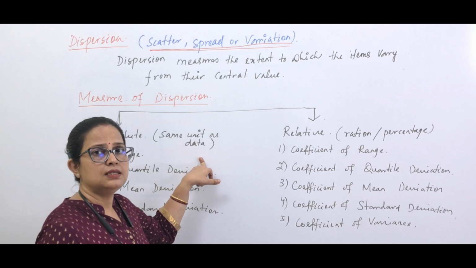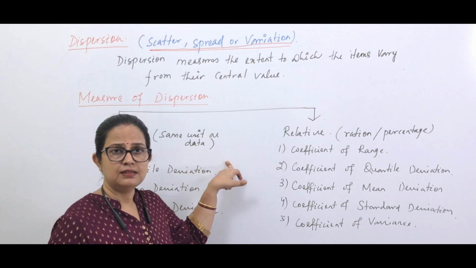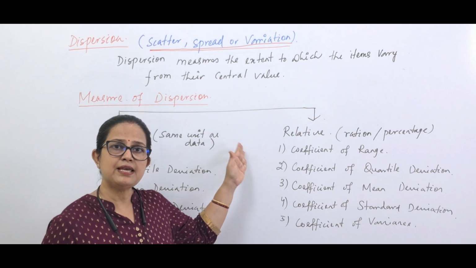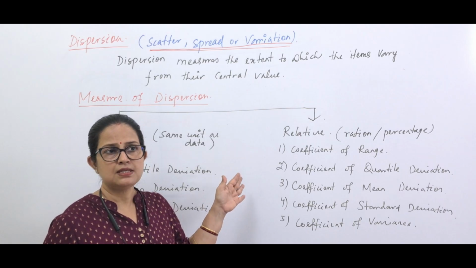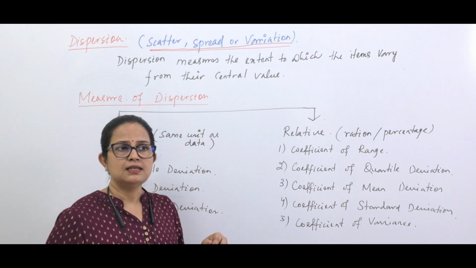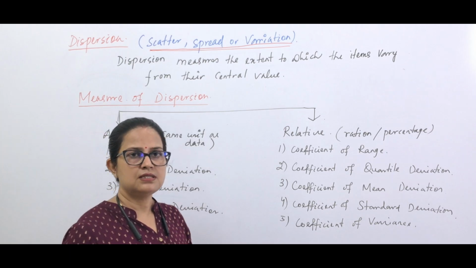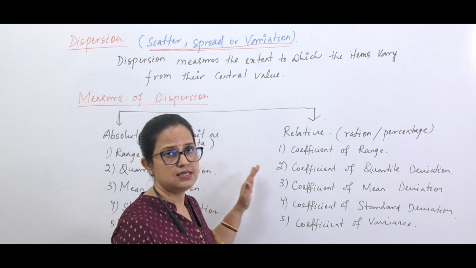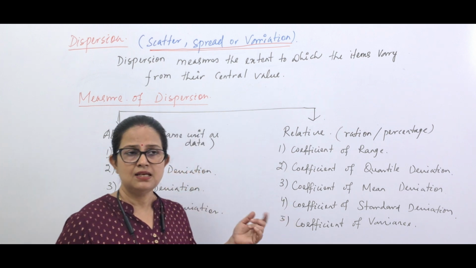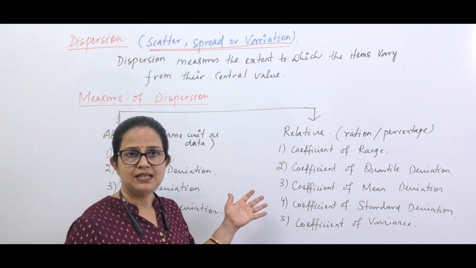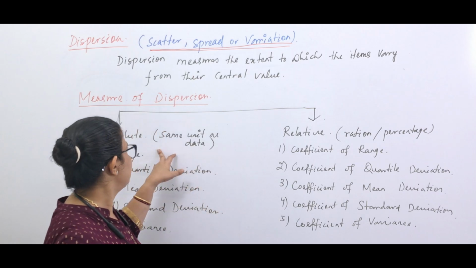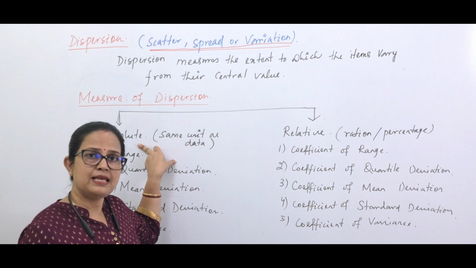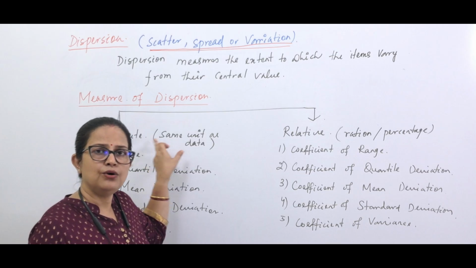If we are taking the weight of something in kg, or if it is in centimeter, then we take the dispersion value in the same unit, as kg or as centimeter.